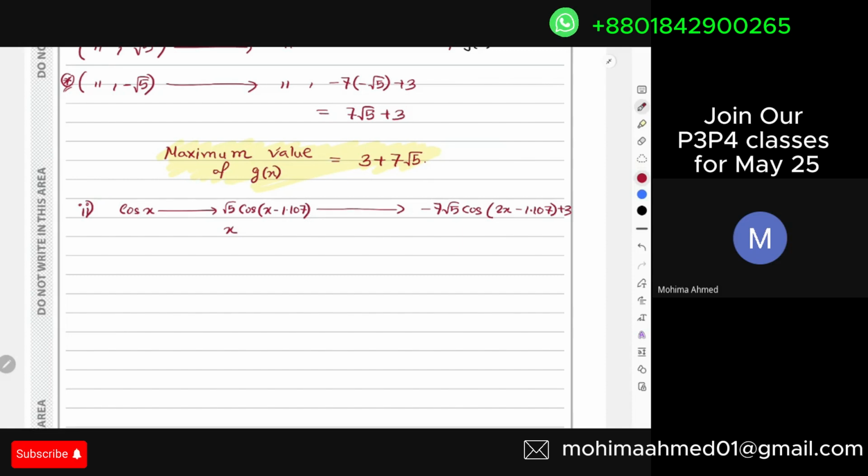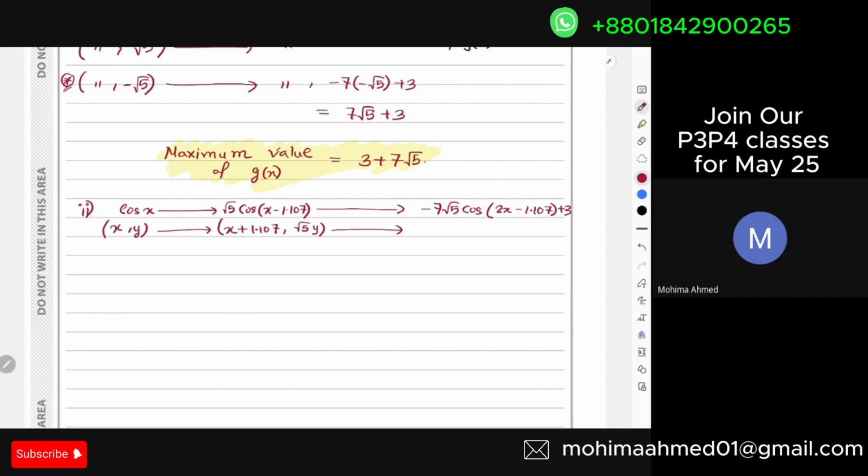So I understand for cos x, the coordinates were just x and y. For root 5 cos x minus 1.107, it was actually x plus 1.107 and root 5 y, right?